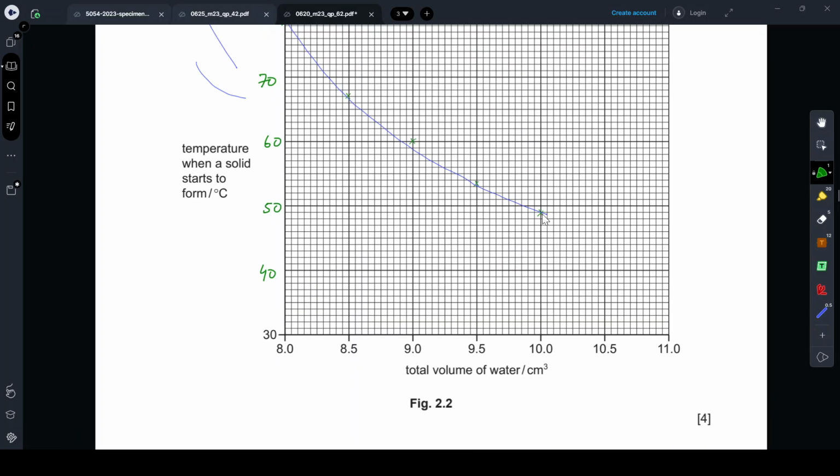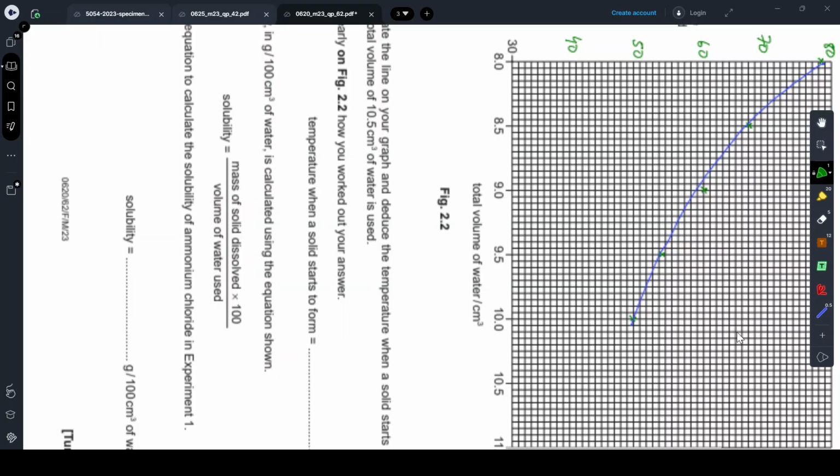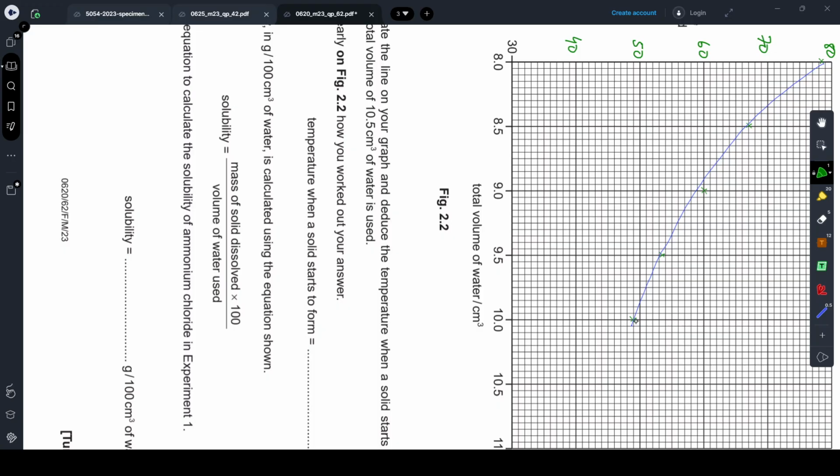So now, because they're asking you to do it, you extend it. Again, as a rule of thumb, don't do it on your own. Since they're asking you to do it, you notice the way the curve's going and extend it using that same curvature.